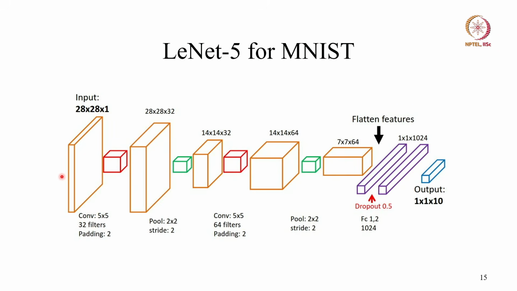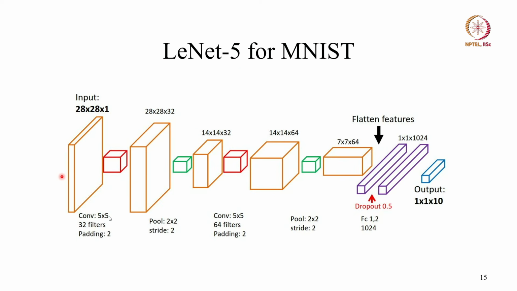So if we look at the MNIST data set, it is an image data set. The input that is being given is 28 into 28 into 1, right? So you have a 28 by 28 image, 28 pixels by 28 pixels, and then it's passed through a convolution of 5 into 5.